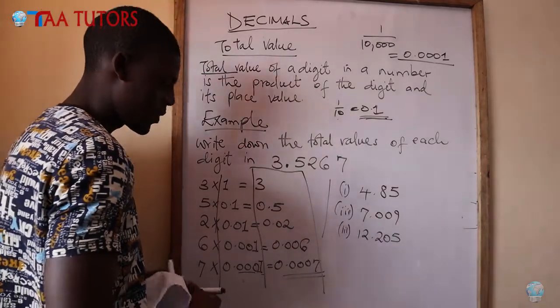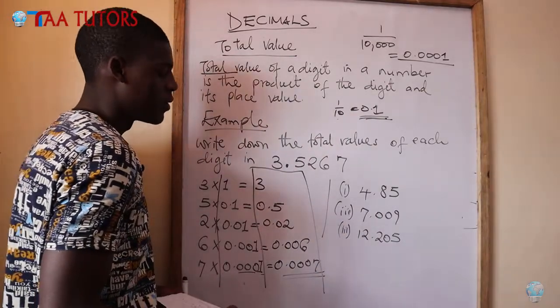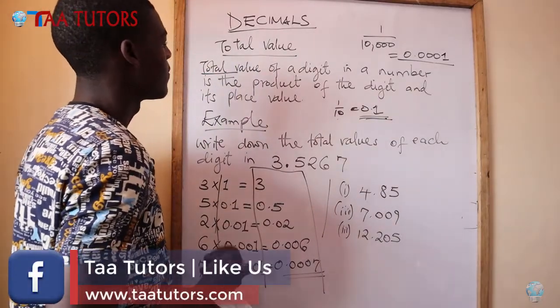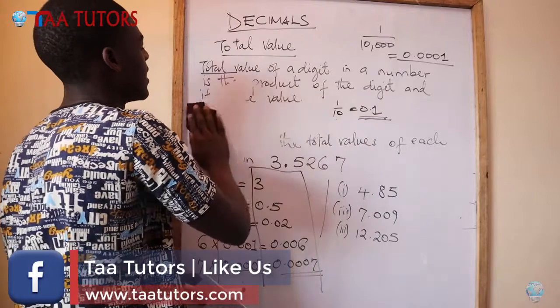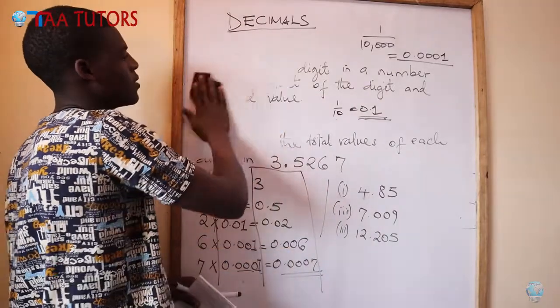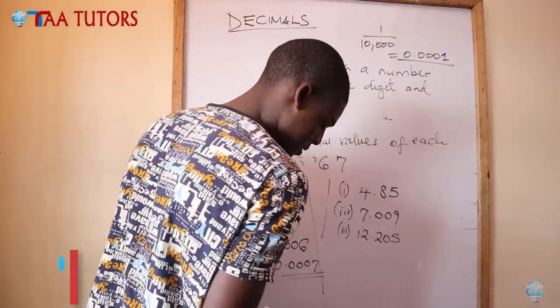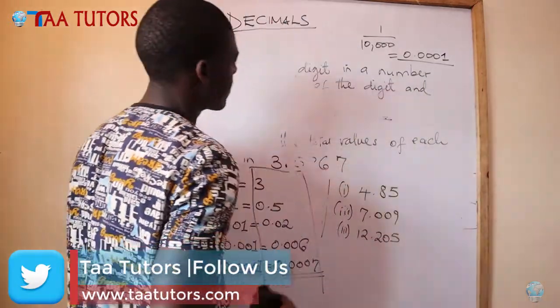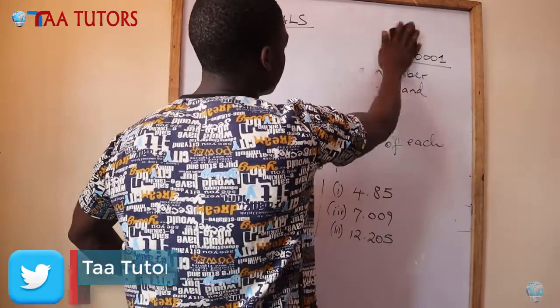So after doing place value and total value, we are going to look at conversion of fractions to decimals and decimals to fractions. So what we are going to do first will be conversion of fraction to decimals.